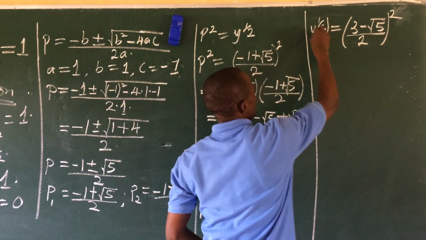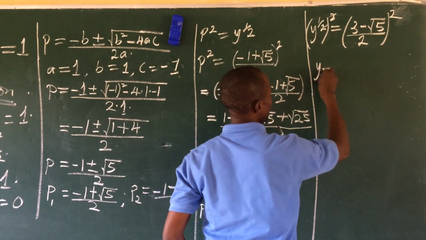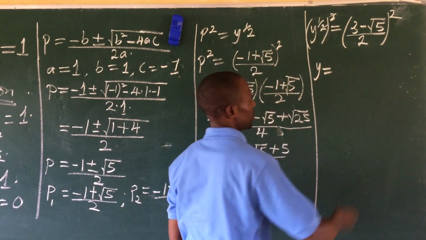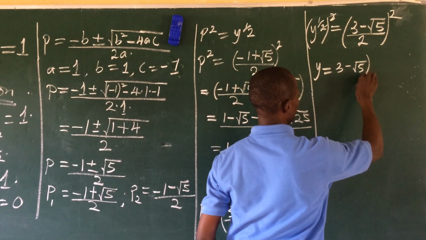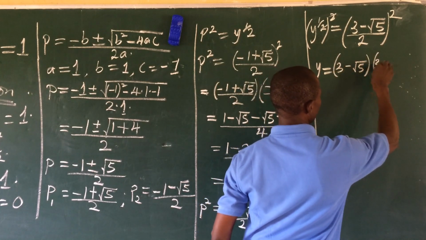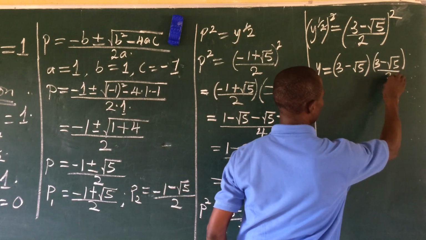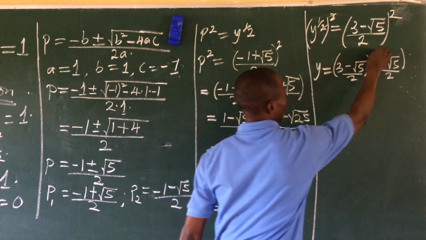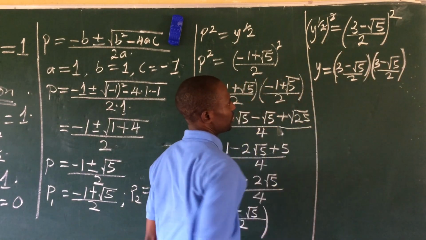We now have y equal to, so go ahead and open up this expression again: (3 - √5)(3 - √5) all over 2 times 2. Again, it is simple. Just follow these steps gradually.